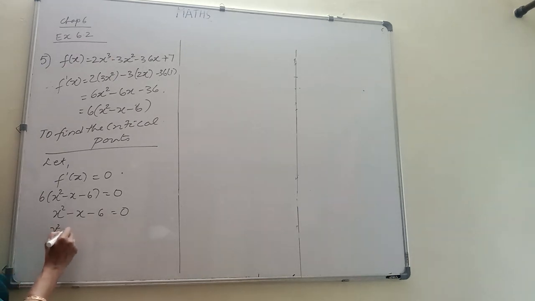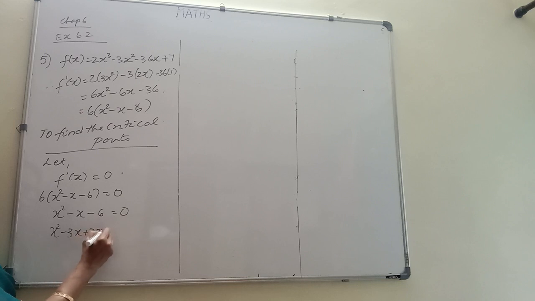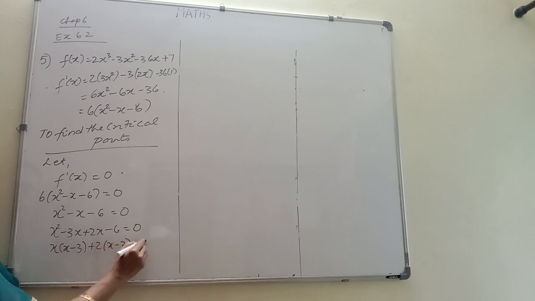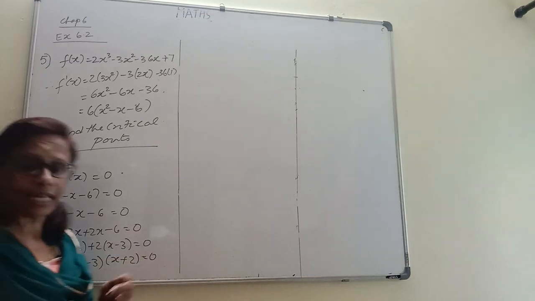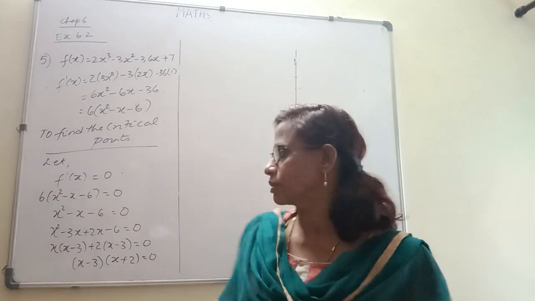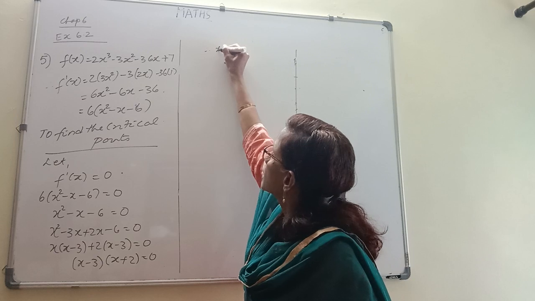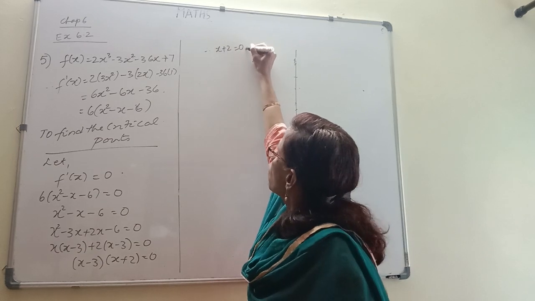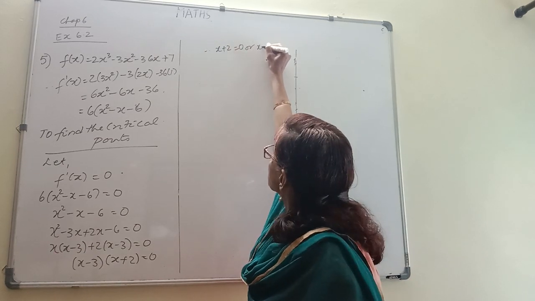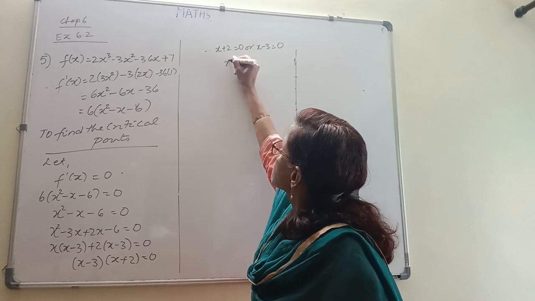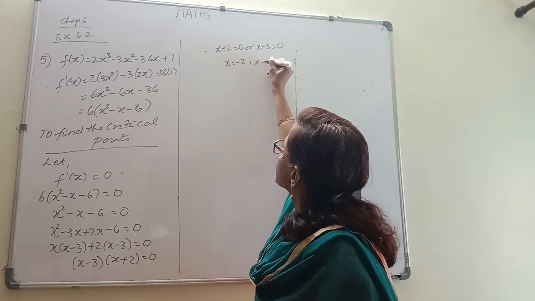So x squared minus 3x plus 2x minus 6, x times x minus 3, 2 times x minus 3. When we break it into factors, x minus 3 and x plus 2, that allows us to get the values of x. Because the product is 0, x plus 2 could be 0, or x minus 3 could be 0, by which you get x as minus 2 and x as 3.